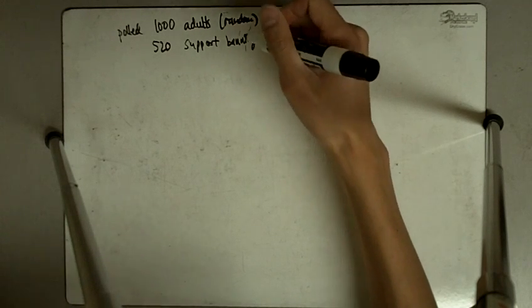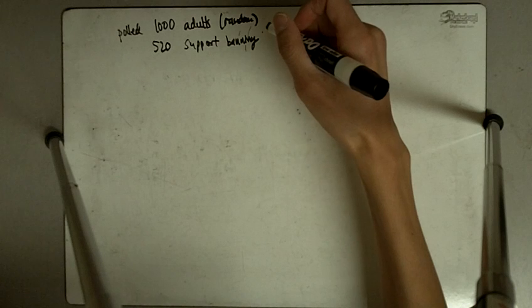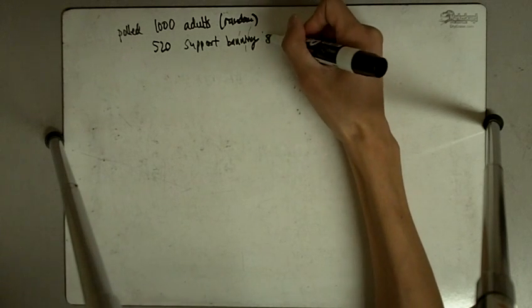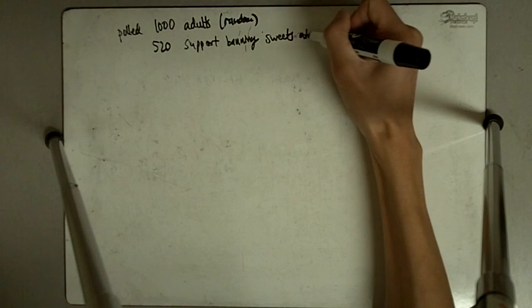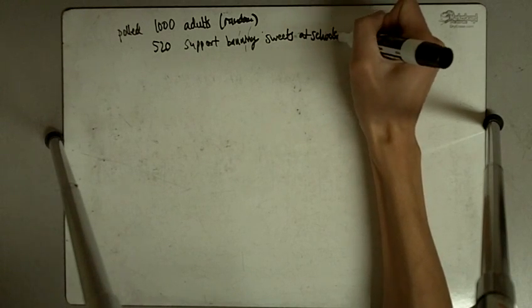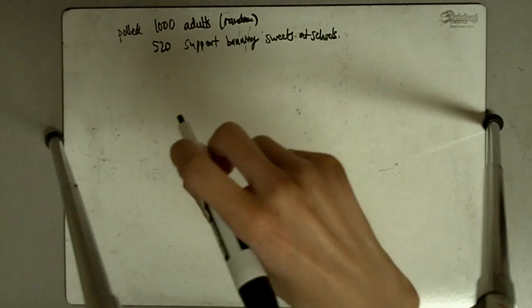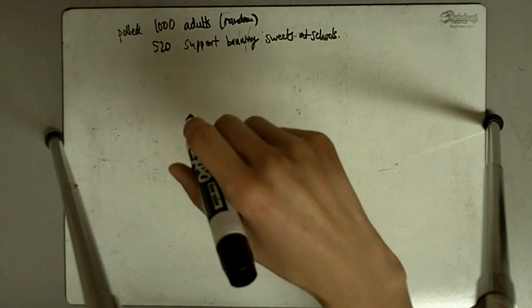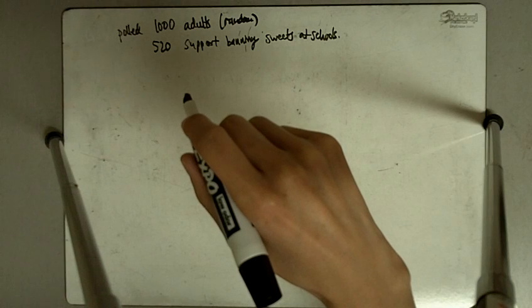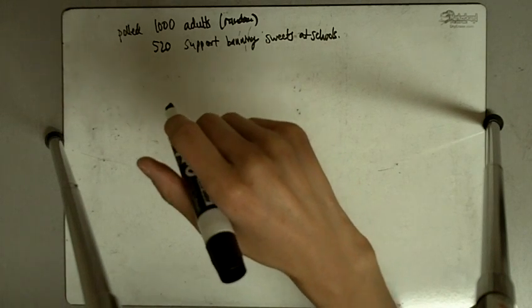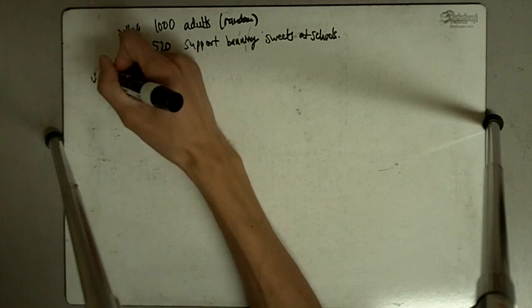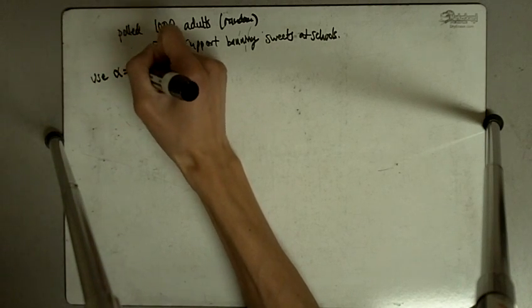Banning soft drinks or sugary snacks and soft drinks from school. Okay, so it says, do a majority, more than 50%, support a ban on sugary snacks and soft drinks? And it says, perform a hypothesis test using a significance level of 0.05. All right, so use alpha equal to 0.05.